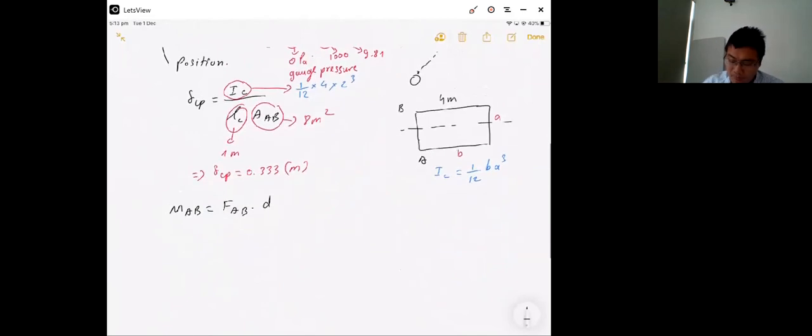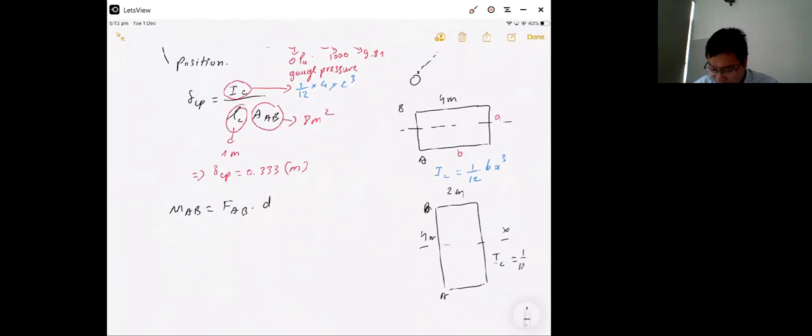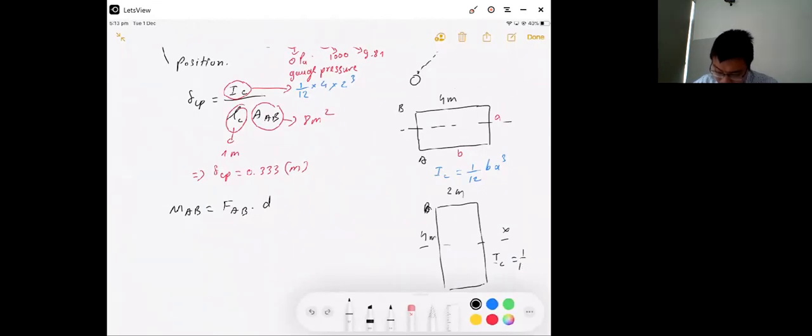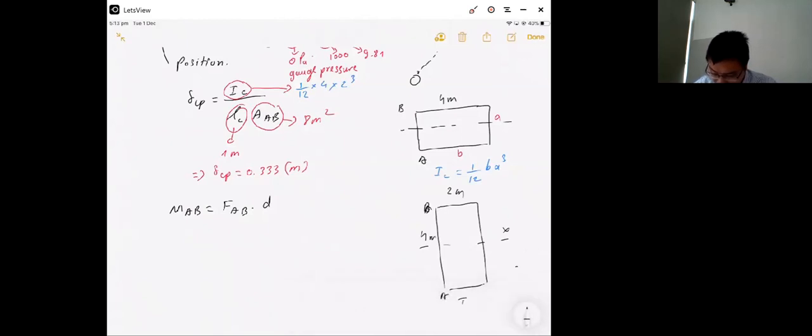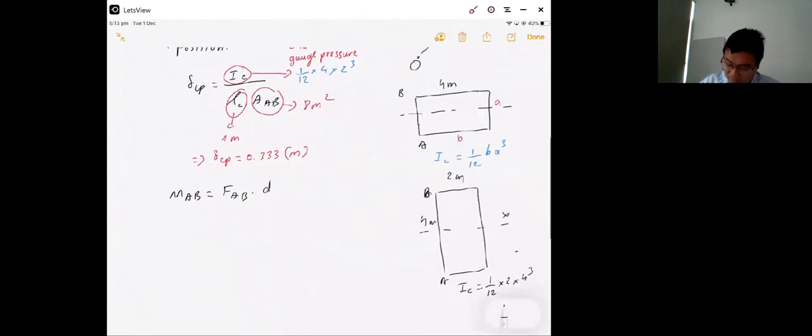For example, if AB here is 4 meter and this one is only 2 meter, IC will be equal to 1/12 times 2 times 4 power 3. It depends on the shape.